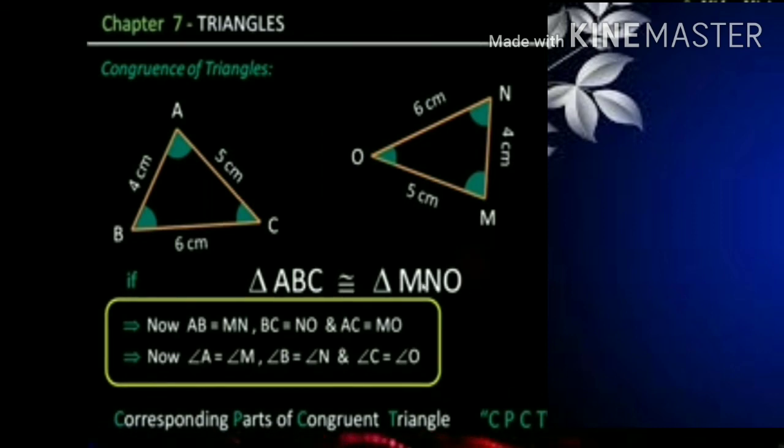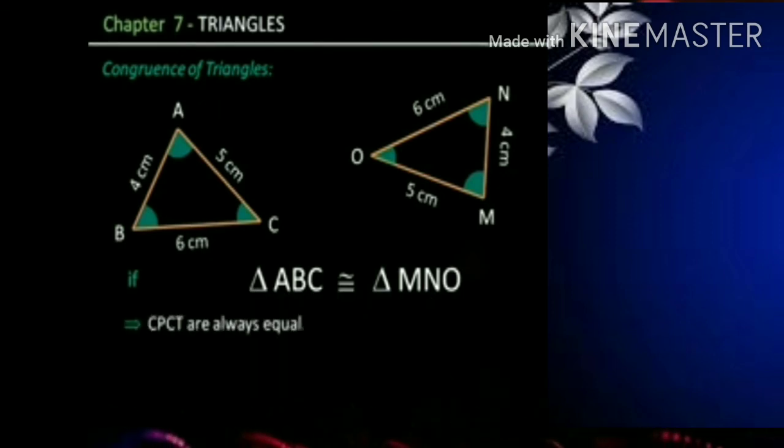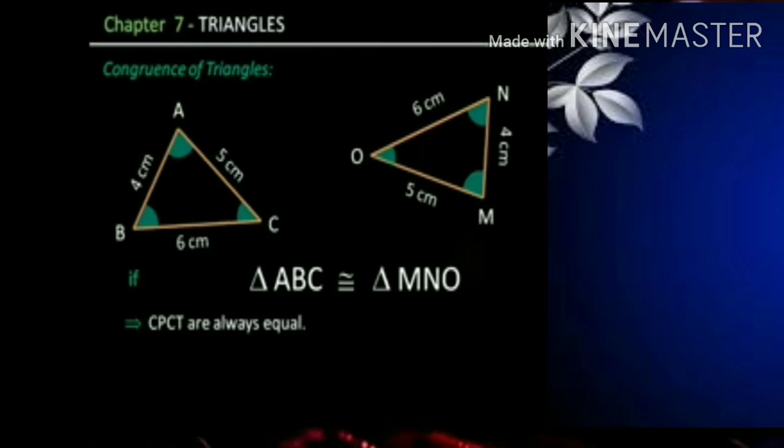This word will be used to represent these sides and angles. I will say that both the triangles have these sides as corresponding parts of congruent triangles, or these angles are corresponding parts of the triangles. So CPCT are always equal. Remember students, CPCT are always equal.